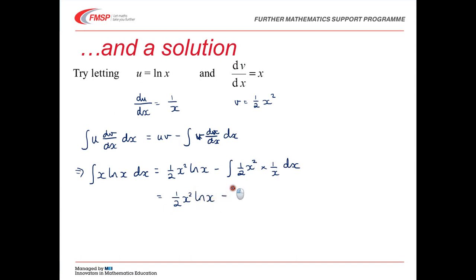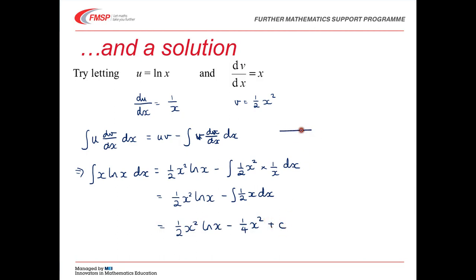And that gives us just the integral of a half dx, which is dead easy. So integral of x log x is a half x squared log x minus a quarter x squared plus c.